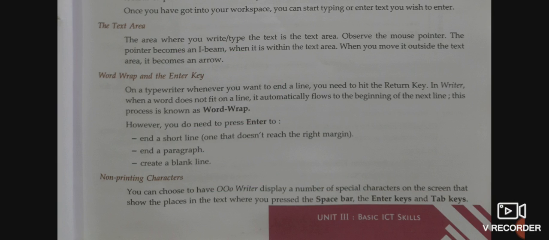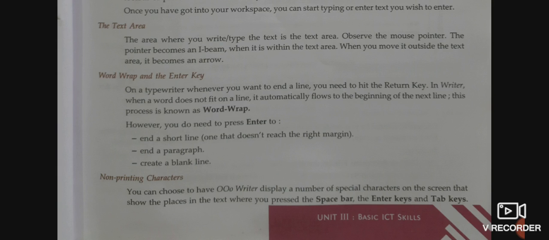Now children, the next topic is non-printing characters. See what non-printing characters are. When you press A, you think it is a character. When you press B, you think it is a character. When you press an inverted comma, you think it is a character. But children, do you know?